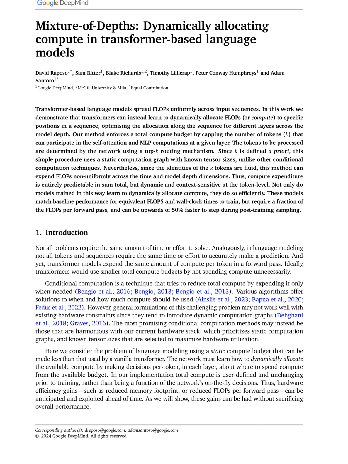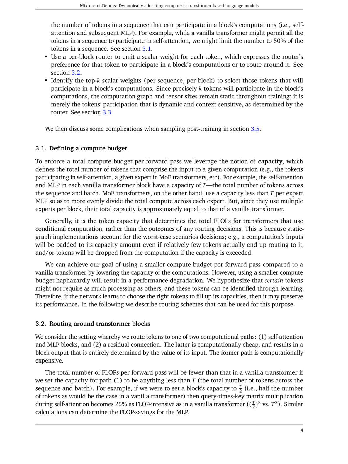Setting a static compute budget in the proposed method is significant because it allows for more efficient allocation of computational resources in language modeling tasks. By limiting the number of tokens that can participate in computations within a block, the method reduces the total compute required per forward pass compared to a vanilla transformer.